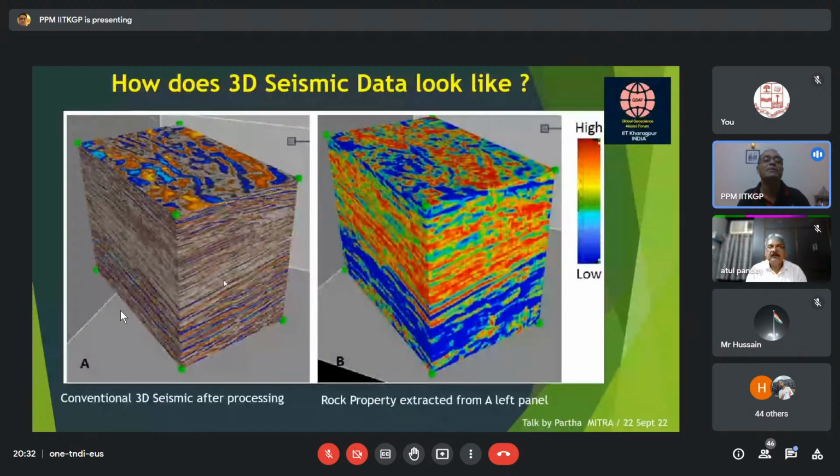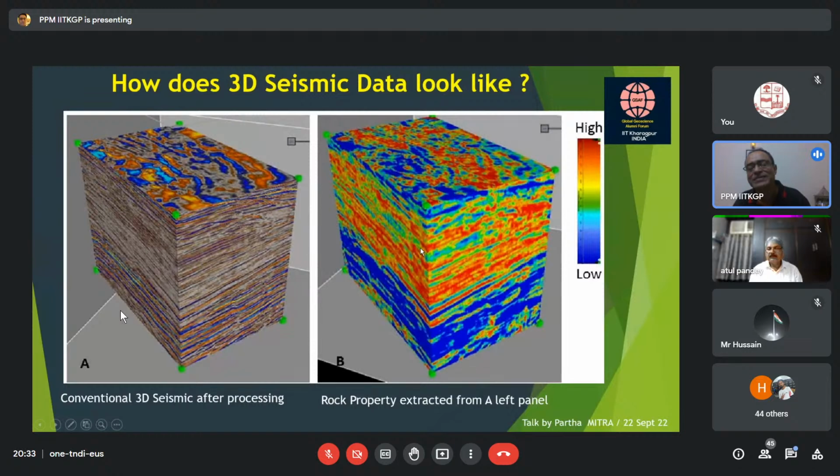So probably these patches you can easily make out, that these blue patches probably represent one type of rock, and this represents another kind of rock, and these are kind of low density rock, which is sandwiched between high density rock. If I am trying to explain in a very layman way.